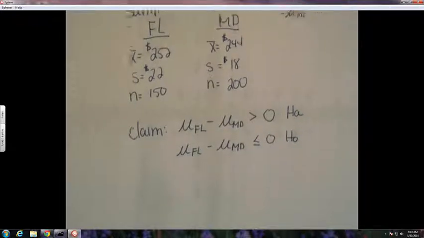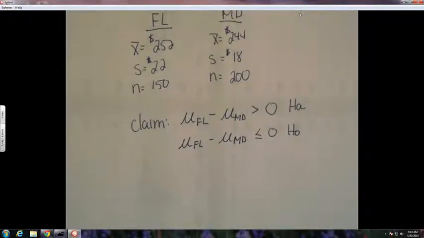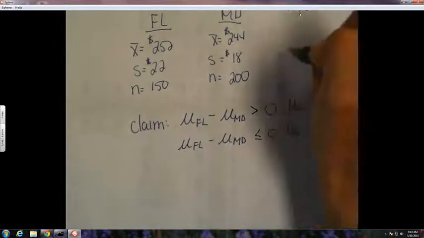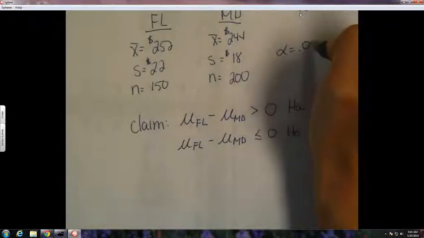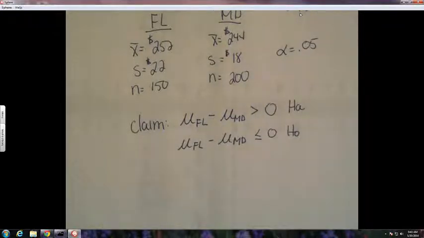Okay, when we run programs, we always want the p-value, the probability of that sample, and we compare it back to alpha, and we're going to use alpha at 5%. So the program is called, I'm pretty sure it's 2SAMP z-test.